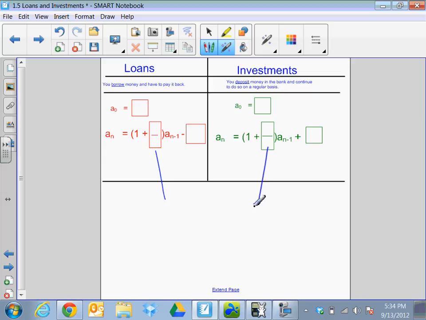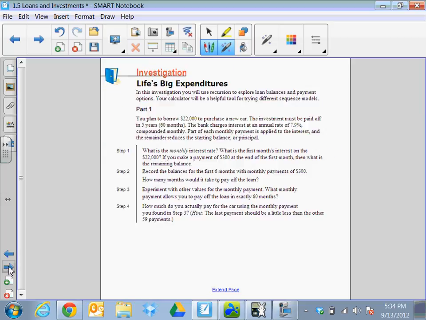Quarterly would be 4, monthly again would be 12, etc. And then finally, this second part of the recursive formula will be your payment that you make monthly or weekly. And then on the green side, it would be the initial additional amount that you'll put into the bank, weekly or monthly.